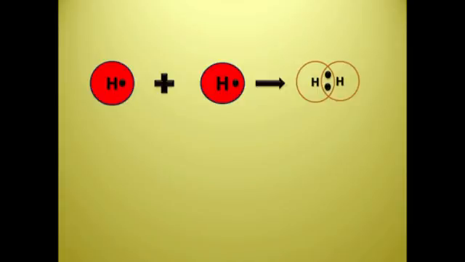Okay friends, we can discuss in more depth with another example, oxygen. Here an atom of oxygen O plus another atom of oxygen O combine with each other and give the molecule of oxygen O2.